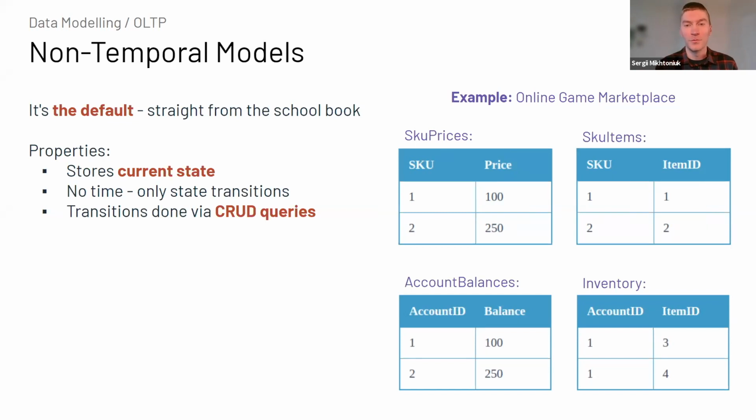This is coming straight from our school books, straight from our database courses. This model is, of course, non-temporal because there is no time in this model at all. It models the current state. So there is no time, there are only state transitions that happen through CRUD queries.